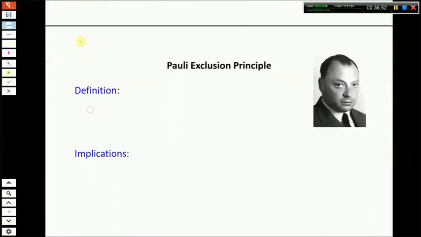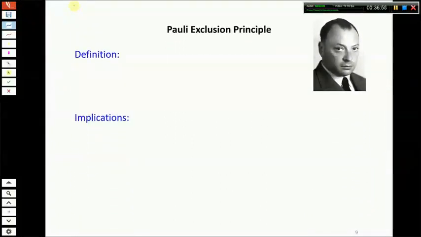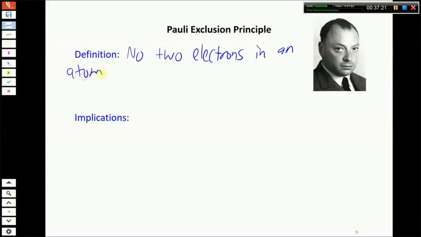So that takes us to the Pauli exclusion principle. Again, another very angry early scientist who could cut steel with his glare, I guess. But he came up with the idea, which is that no two electrons, so this is Pauli that's shown here, it's named after him, in an atom specifically, so not in all of the universe, but if you have a single atom and you have more than one electron in those atoms, no two electrons can have the same four quantum numbers.